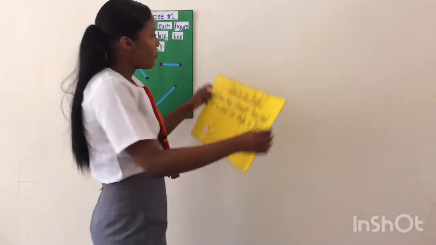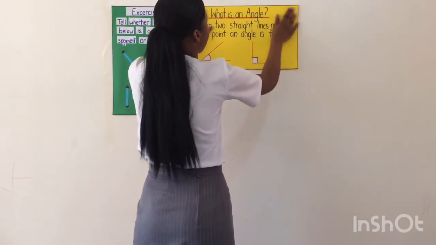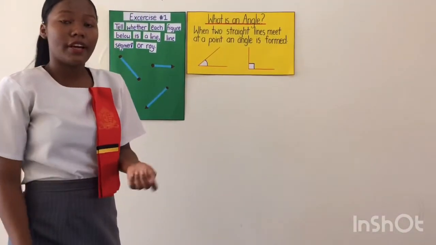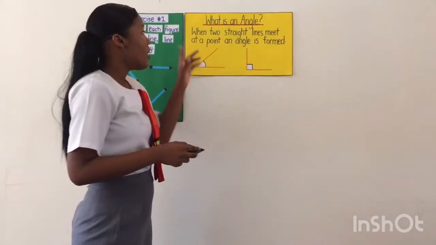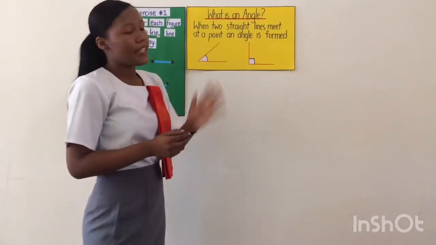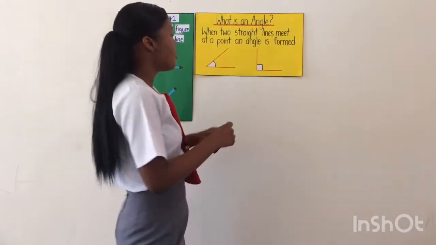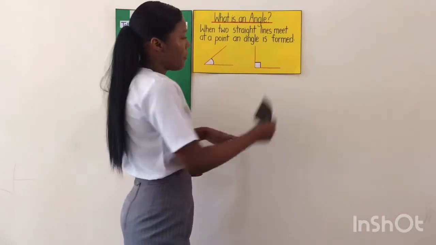And starting our lesson, I want to give you the definition of angles. So we're going to put this up here. What is an angle? So we talked about this a few minutes ago. When 2 straight lines meet, an angle is formed. Right? Isn't that a magic trick? So we have our angle here, and we put this here.